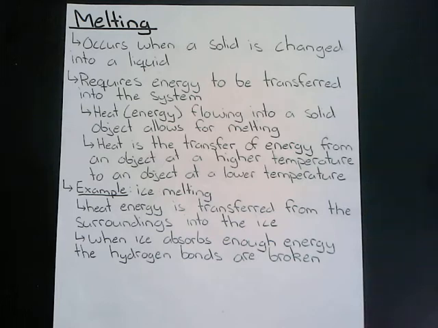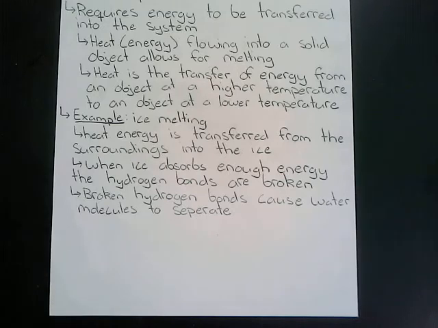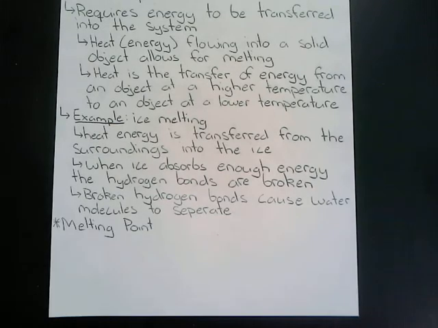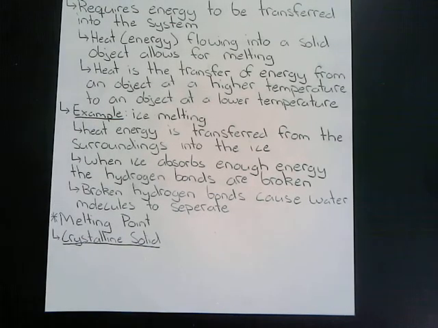Now, since we're talking about melting, we can also talk about melting points. We need to break the melting point into 2 different categories, one of which is for the crystalline solid. The melting point for a crystalline solid is the temperature at which the forces holding the crystal lattice together are broken and the substance becomes a liquid.